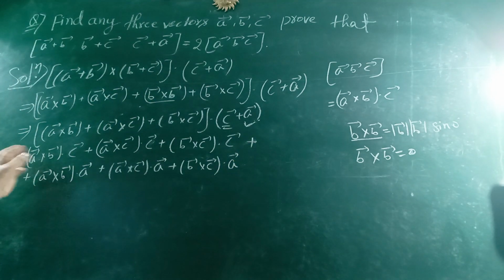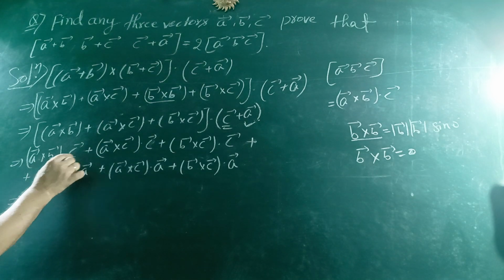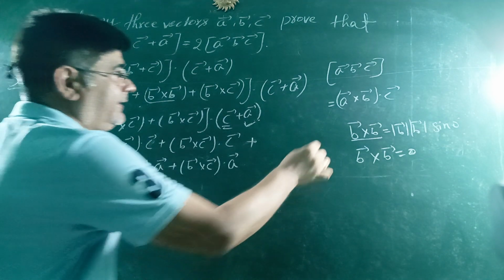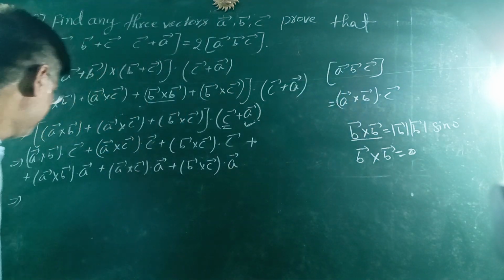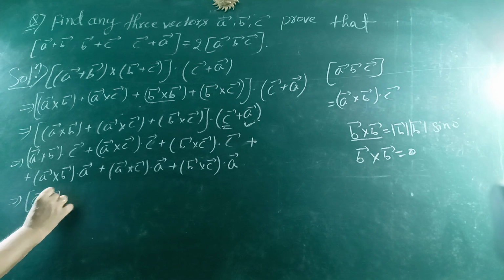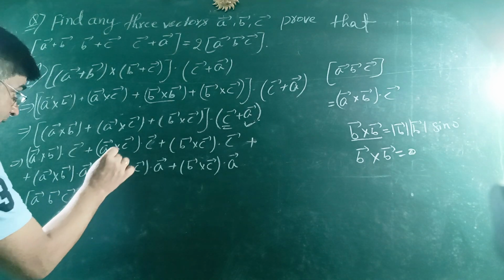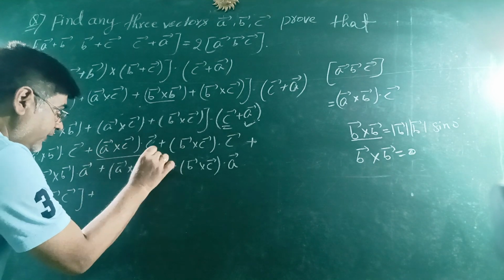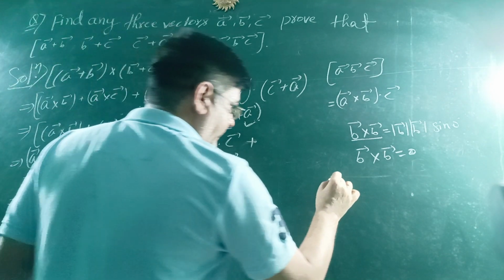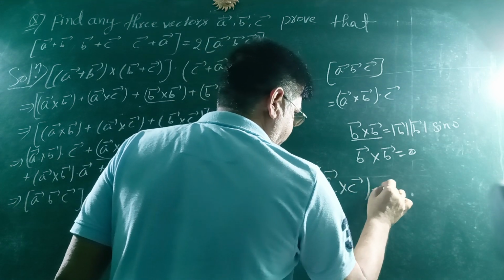And the next condition, A vector cross B vector dot C vector, we know that it is written in the form of A vector, B vector, C vector. And plus here is the A cross C dot C vector.